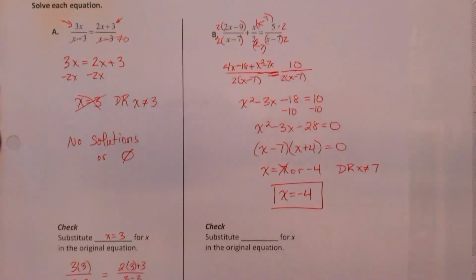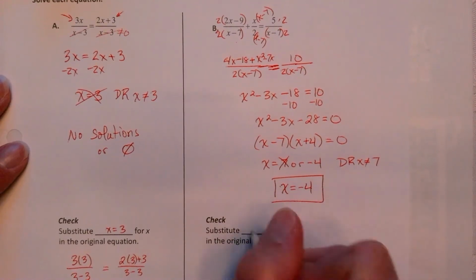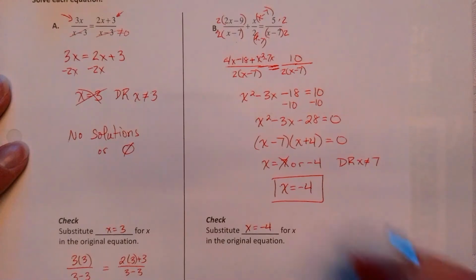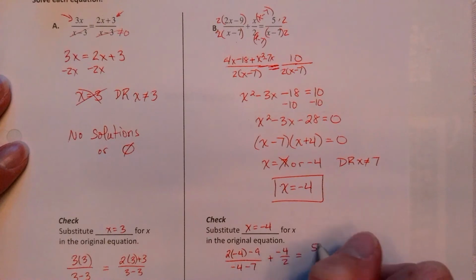So how do I check this? Again, I'm going to take my x equals negative 4, I'm going to plug it in. So 2 times negative 4 minus 9 over negative 4 minus 7 plus negative 4 over 2 should equal 5 over negative 4 minus 7.